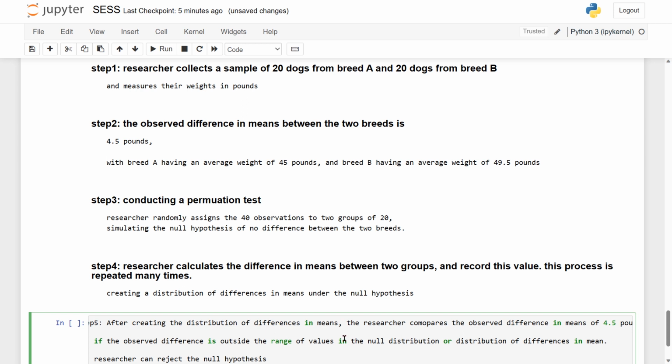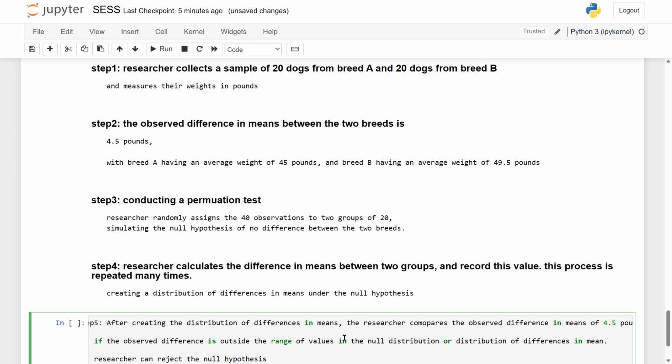That is the reason we combined the two groups and then took the samples. So whatever distribution you make with this resampled data is a null distribution. If the observed difference falls outside of the null distribution, we reject the null hypothesis.